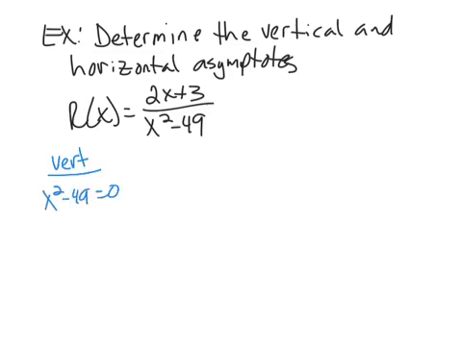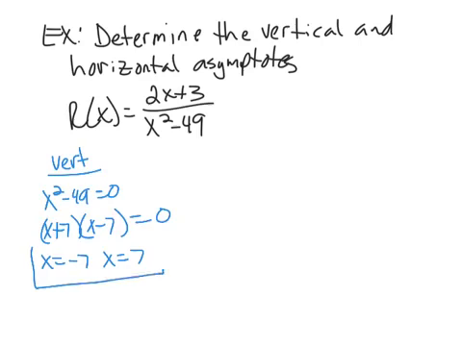It's a second degree, which means I'm going to have 2 factors. That's a difference of squares, x plus 7, x minus 7, so that means in the end x is going to be equal to negative 7, and x is going to be equal to positive 7. These are x equals equations. They are vertical lines, so you have to show them that way. x is equal to negative 7 and x is equal to 7.